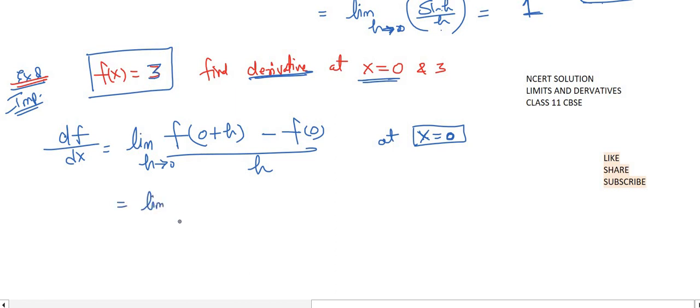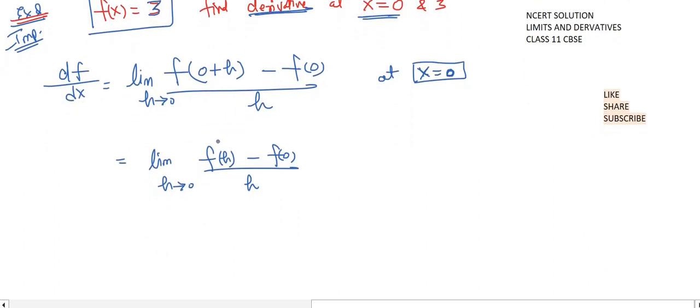So let me write it again. This will be limit h tending to 0, f of 0 plus h will be f of h, minus f of 0, by h. So what will we get here? f of h will be 3 only, because f of x is a constant.